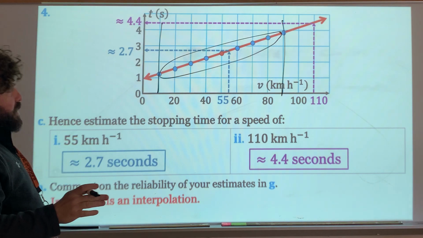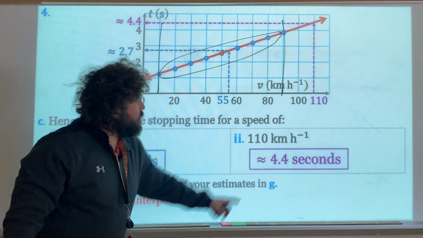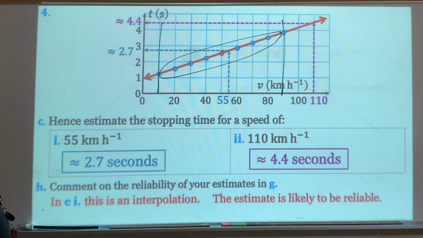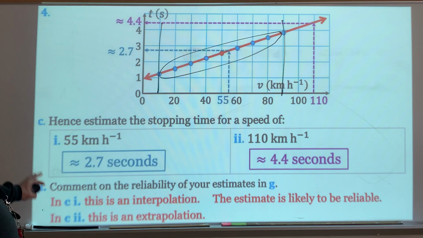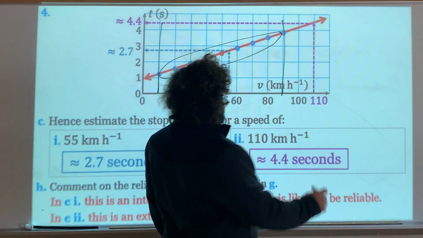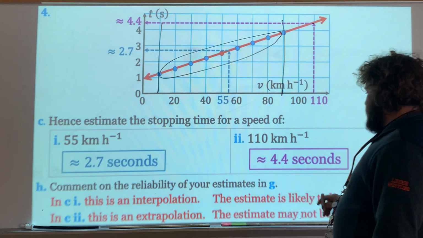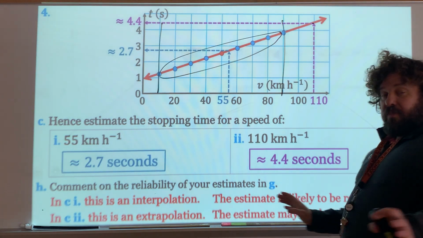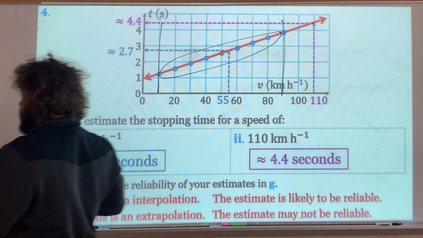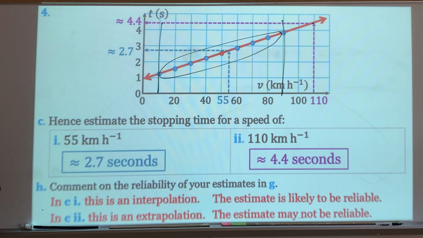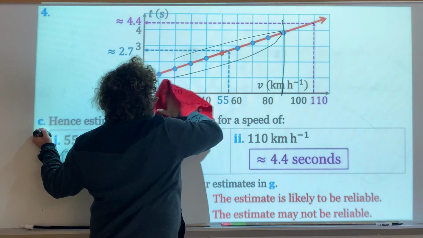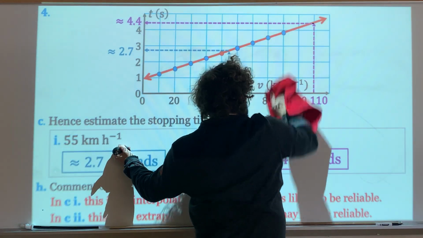That's the one where we can make predictions. 2.7 is likely to be reliable. 4.4 is an extrapolation. It falls outside this area. Therefore, it may not be reliable. Can it be reliable? Of course it could. But we don't know. And we're not going to take that chance, especially when dealing with statistical analysis. All right?